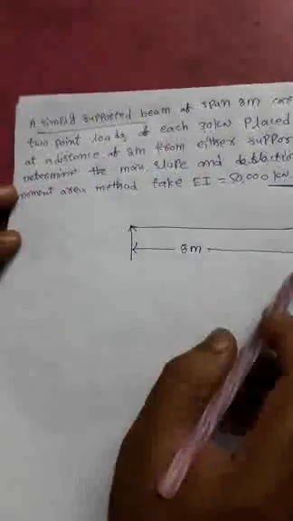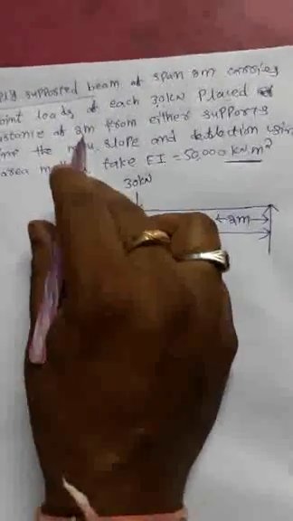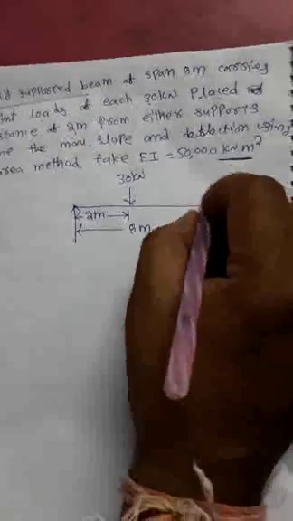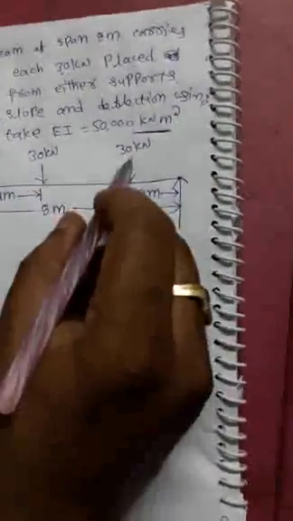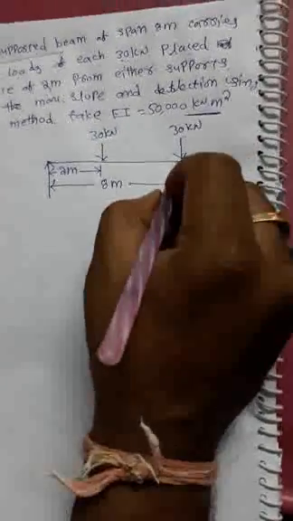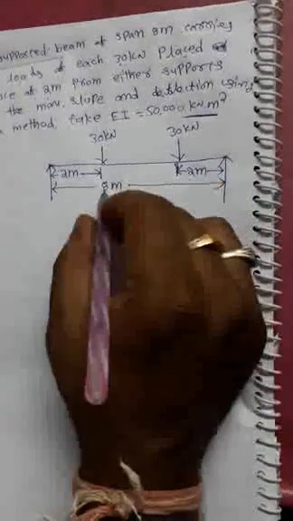So this is one support and this is another support. 2 meters from the left support is one load of 30 kilonewtons, and 2 meters from the right support is the other. So the remaining span length is 8 minus 2 plus 2, which is 4 meters.